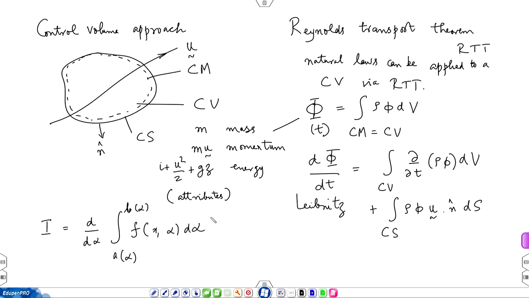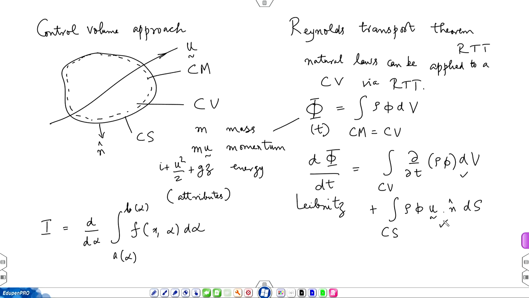Alpha is time. Okay. The limits of integration depend on time. So, the first term is the derivative of the integrand with alpha, that is shown here. And this is the second term involving the derivatives of a and b with time, which is velocity u.